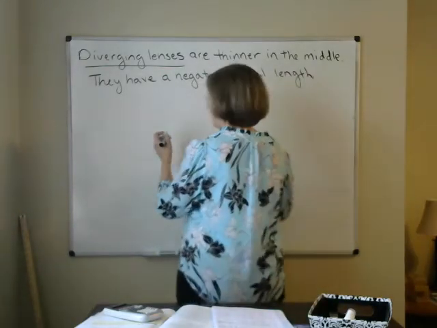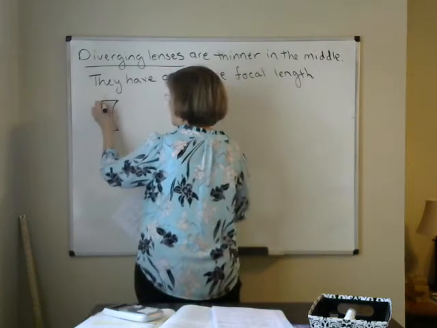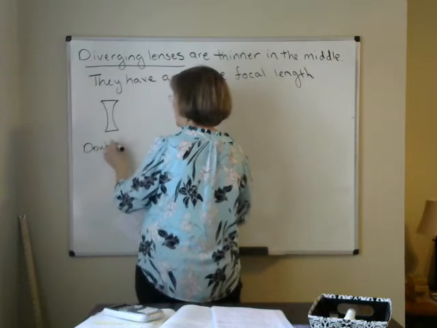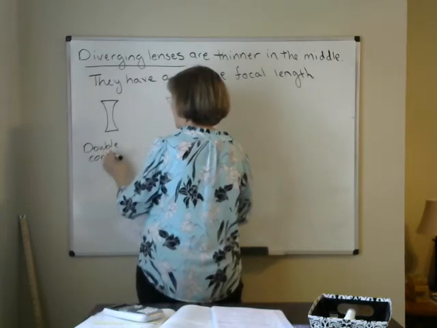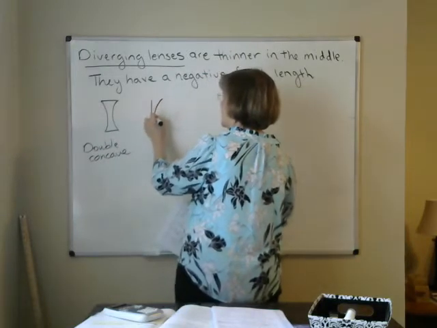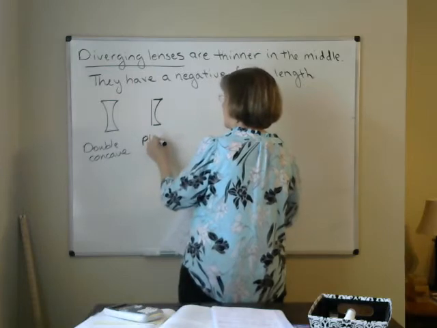Again, we can draw pictures of a variety of shapes. That would be a double concave. If it's flat on one side, that's a plano concave.